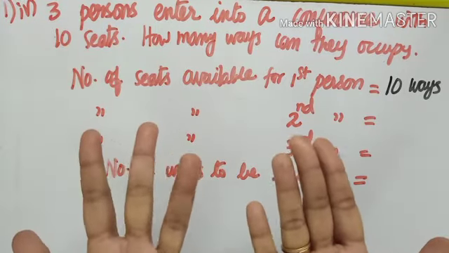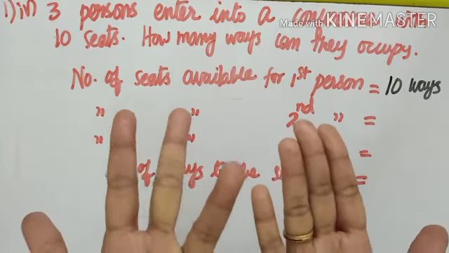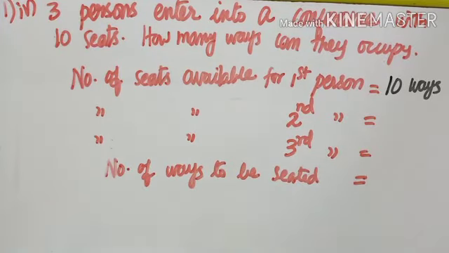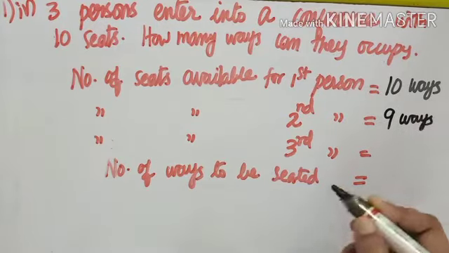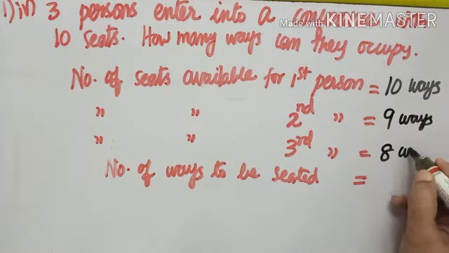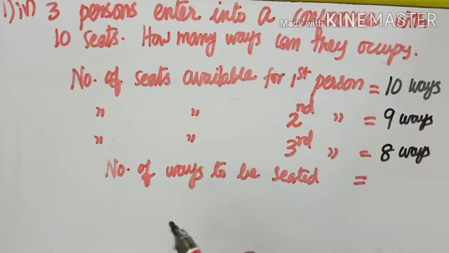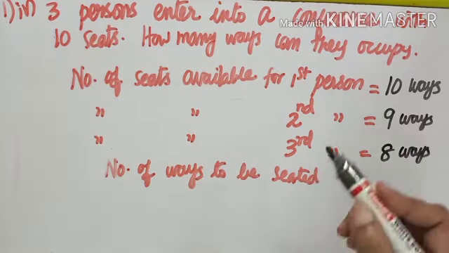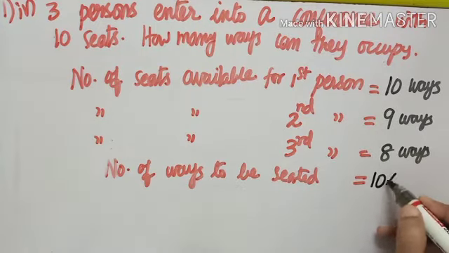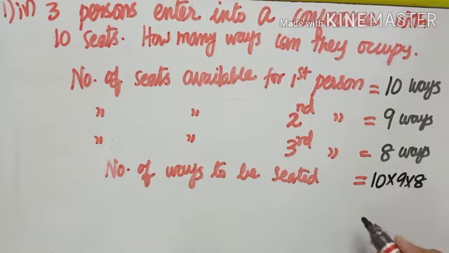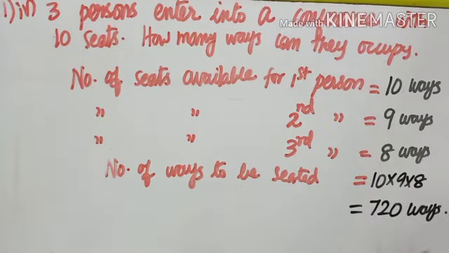In 10 places, any one is sitting, there are remaining 9. So the second person can sit in any of the 9 places, and the third will sit in any of the 8 places. Now we want all the 3 to be seated, so all the 3 tells us first and second and third, and "and" tells multiply. 10 into 9 into 8.